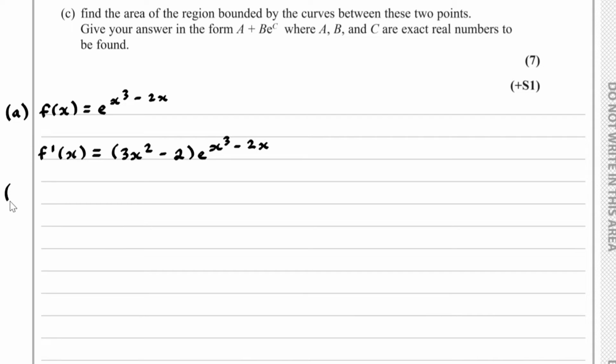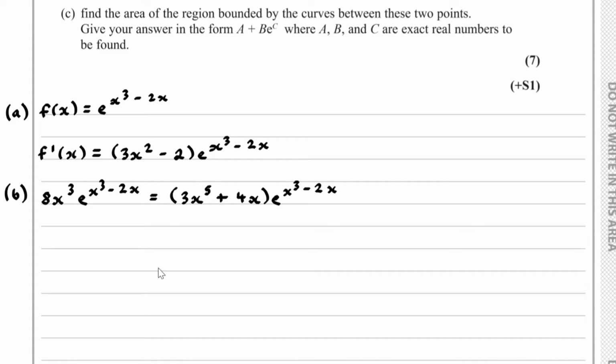So for part B of the question, if we set those functions equal to each other, we have 8x cubed multiplied by e to the x cubed subtract 2x, and this is equal to 3x to the 5 plus 4x multiplied by e to the x cubed subtract 2x.